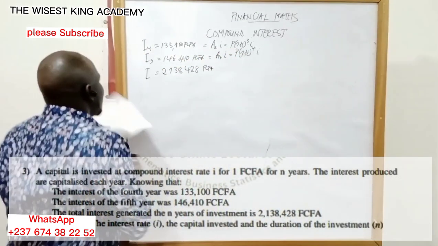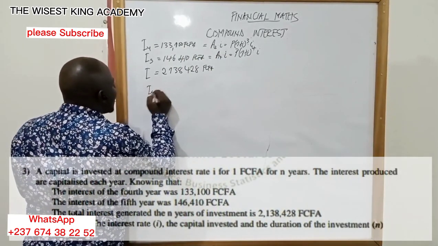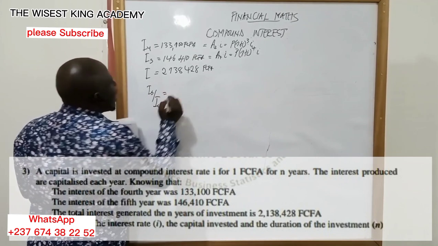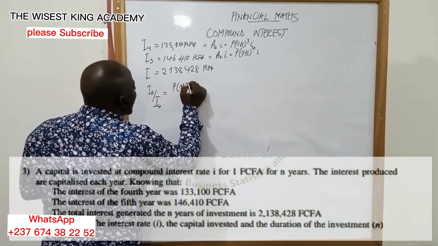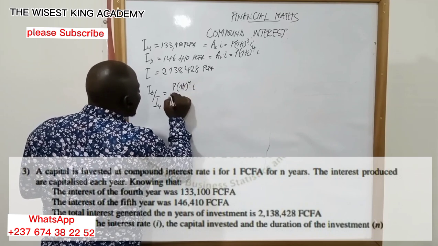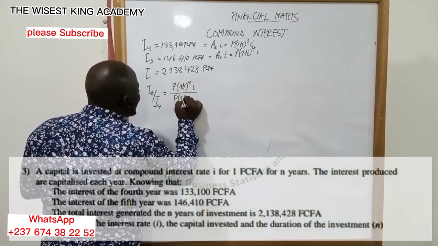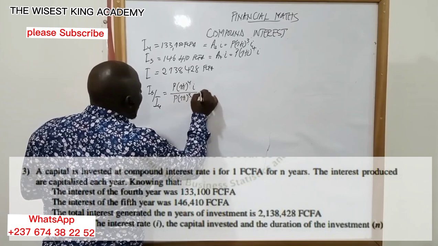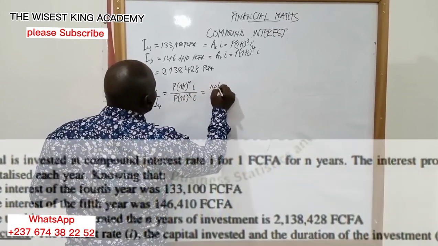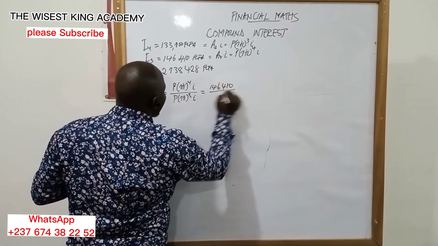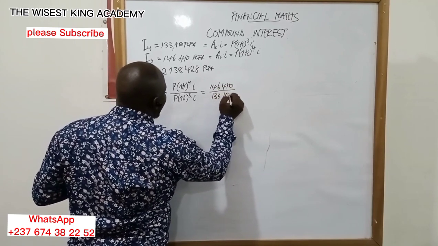So here, let's take I5 divided by I4. Taking that means we are taking P into 1 plus I raised to the power 4 times I divided by P into 1 plus I raised to the power 3 times I. And all of this is going to be equal to 146,410 divided by 133,100.